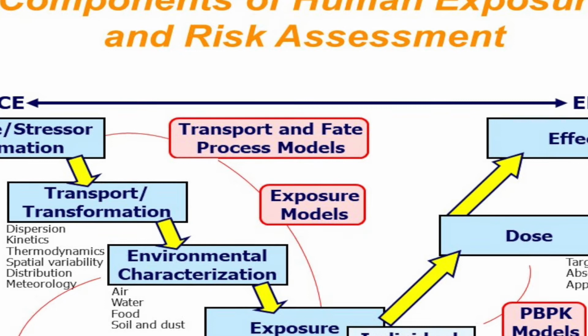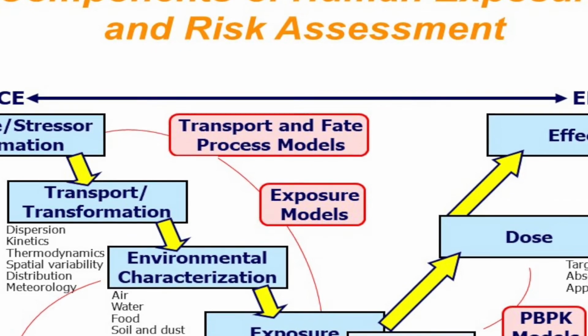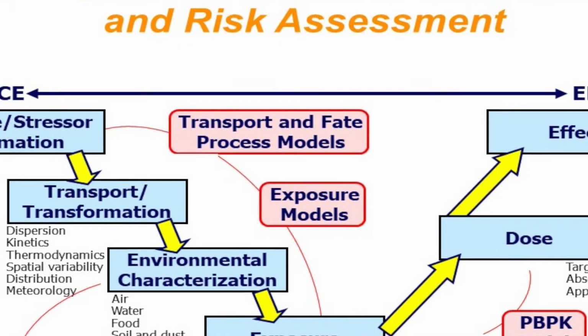And how we're exposed depends on our activity. And that's the key part of the slide that I want to emphasize, because human activity, in terms of where we are, what we do, how much we eat, also influences exposures significantly.